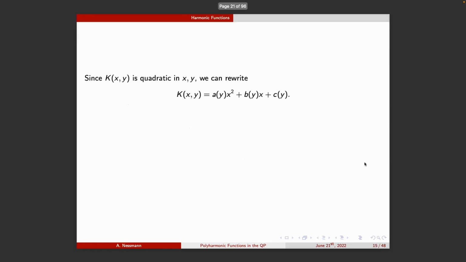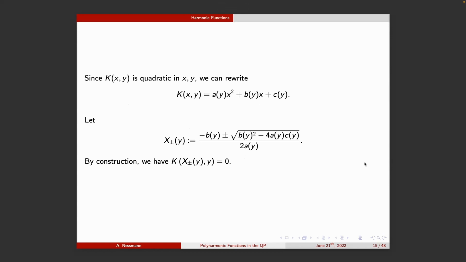So let's do that. We define x plus and x minus, just by the quadratic formula. Note, this will be relevant later, that for a certain range of y, this discriminant will be negative. For those values, x plus and x minus will be complex conjugates.